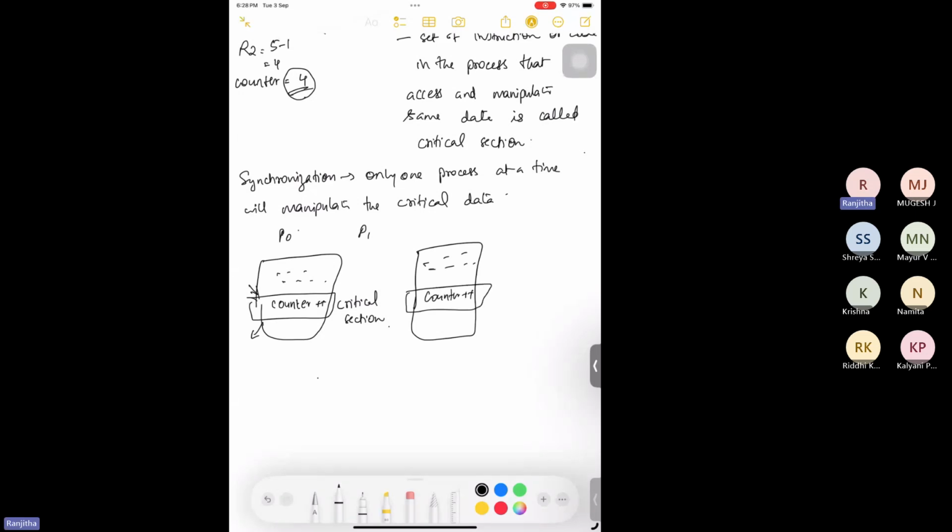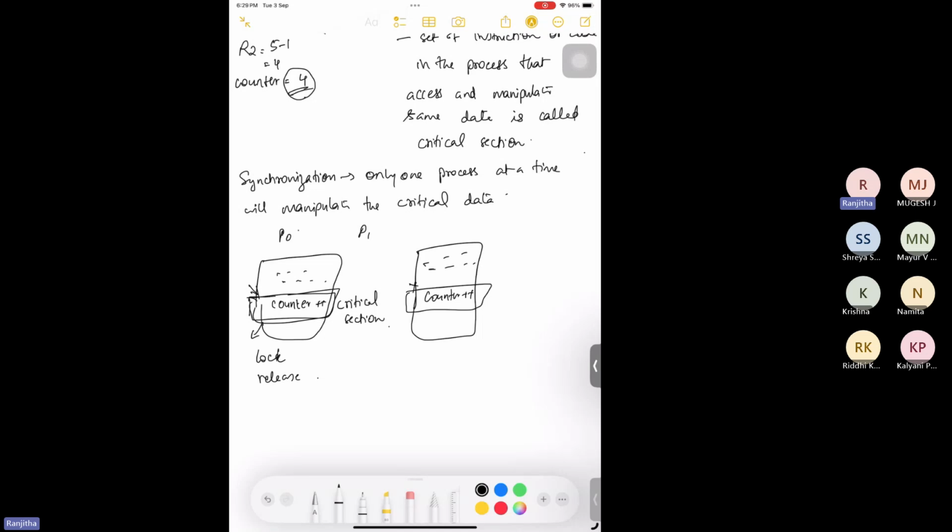This also forms the critical section. So before entering the critical section, some lock needs to be taken, and then after you exit the critical section, the lock will be released. So when P0 has the lock, P1 will not be able to enter. So one can enter the critical section only if it has the lock or the token to enter into the critical section. How is this done? There are multiple ways of ensuring this locking mechanism.